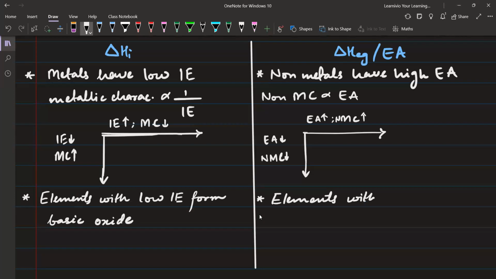Elements with high electron affinity forms acidic oxide.